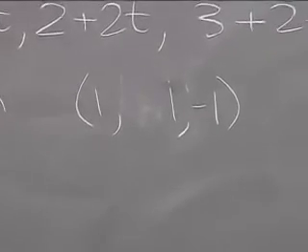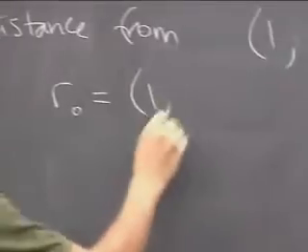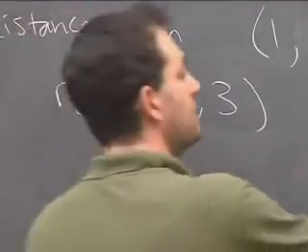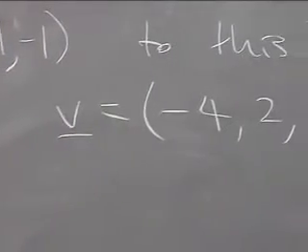So the first thing you have to do is dissect it. The easiest way is that R0 is 1, 2, 3; you set t equals 0. And take V then to be minus 4, 2, 2. That's not the only choice, but that is the likely choice.